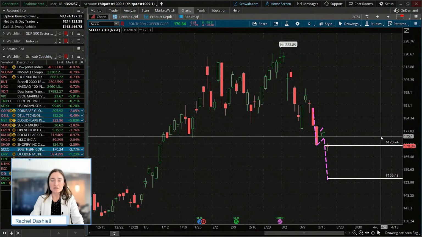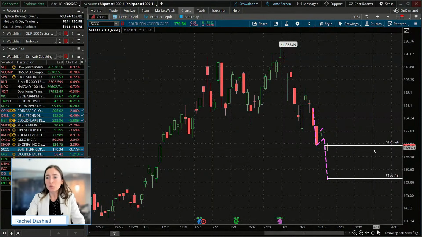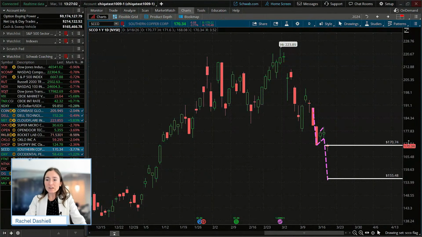So we may want to see if there is a close below that level there. Now, there is the opportunity to trade this bearish thesis in a number of different ways. You could sell a call spread, you could buy a put spread, you could go short the stock.